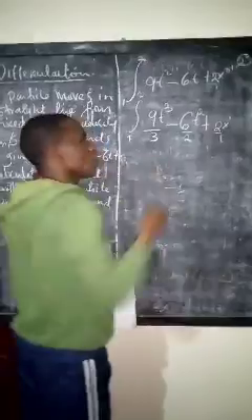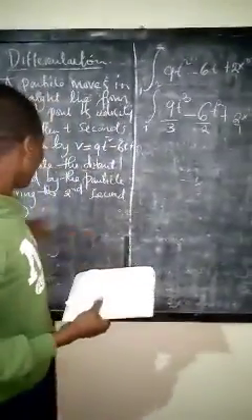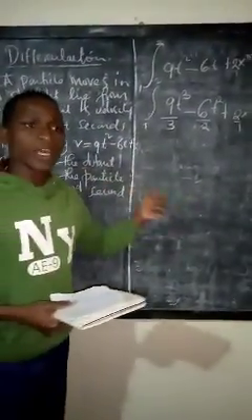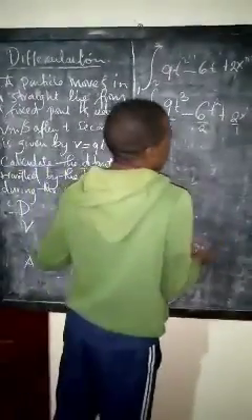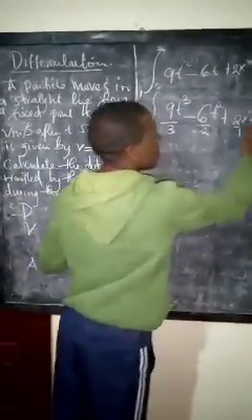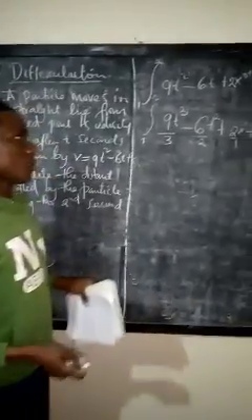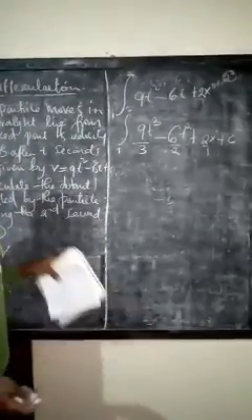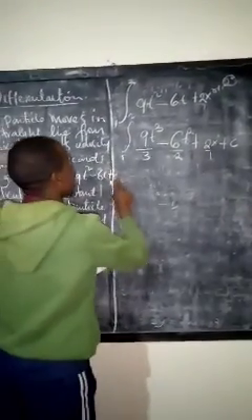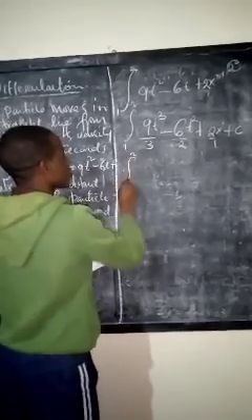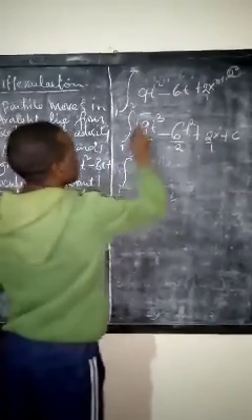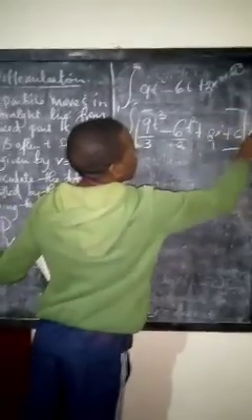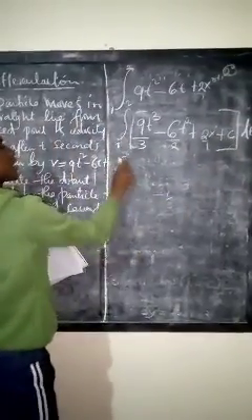Then the original equation, because we are integrating to find the original equation, the distance equation, shall now have a constant, plus c. In our case now, we have the integration with respect to t.